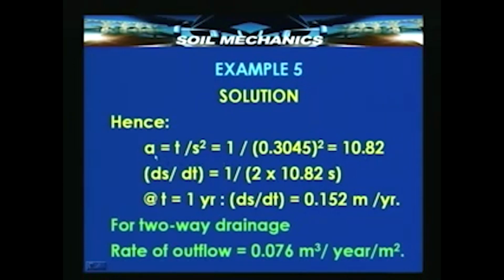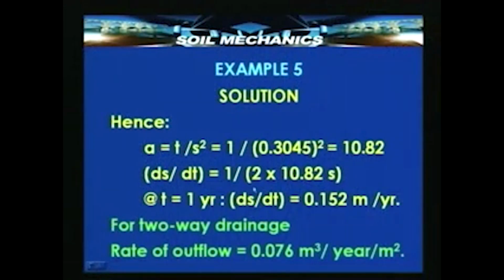This is the value of the constant A which relates t with s square. Now, since we have an expression for t in terms of s square through a known constant A, we can differentiate that and find out at what rate the settlement is taking place. As we know, the rate at which the settlement is taking place will be related to the rate at which the water is flowing out.